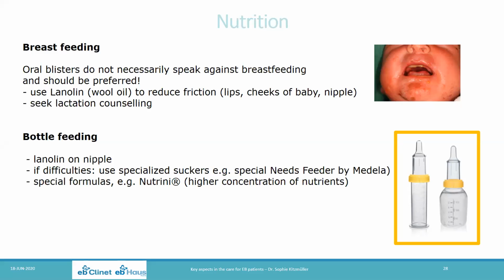So this completely gets rid of the friction that happens when sucking on the nipple of the bottles. This is something that you really should be aware of for feeding the babies. Try to get hold of something like this special needs feeder, because it really will help them to get their nutrition in and to get their food in.